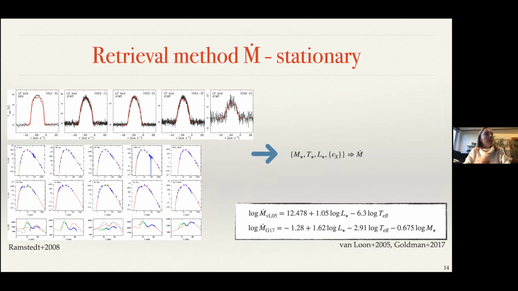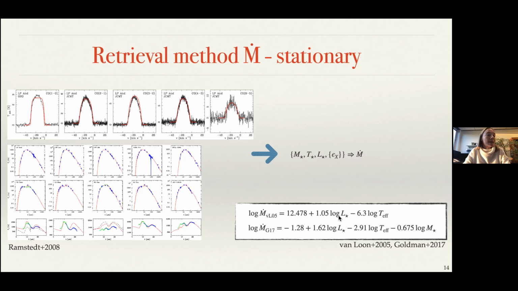And so if you look now to the next slide, for instance, you can use observations of carbon monoxide, the top row, or you can use the spectral energy distribution together with this kind of parameterization. And if you do that for a whole bunch of stars, you can also have a retrieval method that gives you, as a function of your input parameters, again the same ones as in the previous slide, but now guided by observations, a mass loss rate.